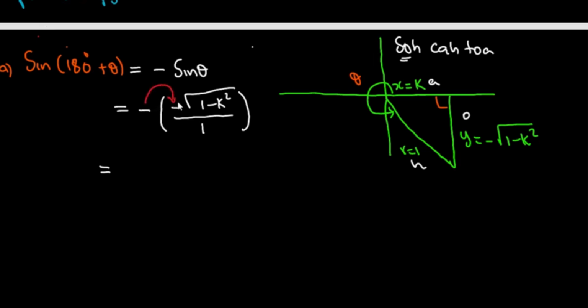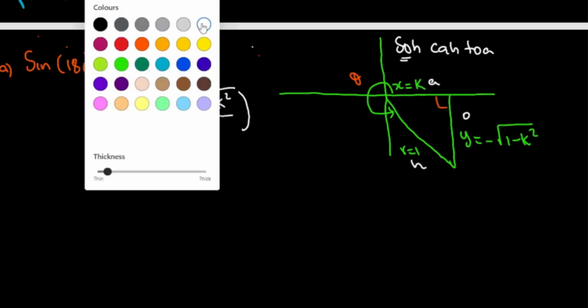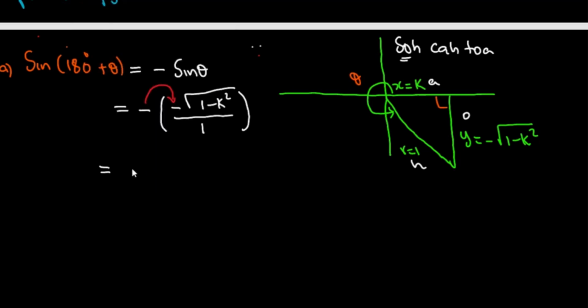This times that will give us positive. So this is just the root of 1 minus k squared. Then you're done answering the first question. The first question was very easy.